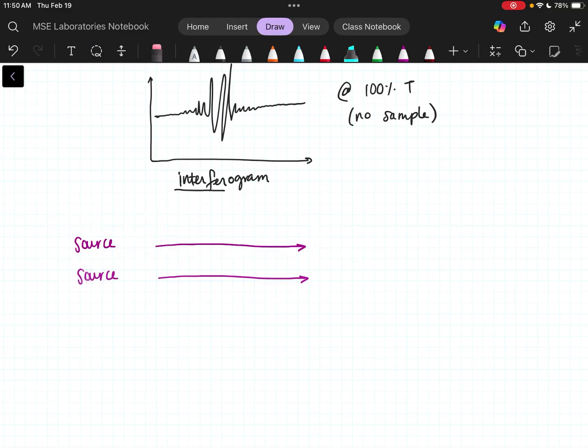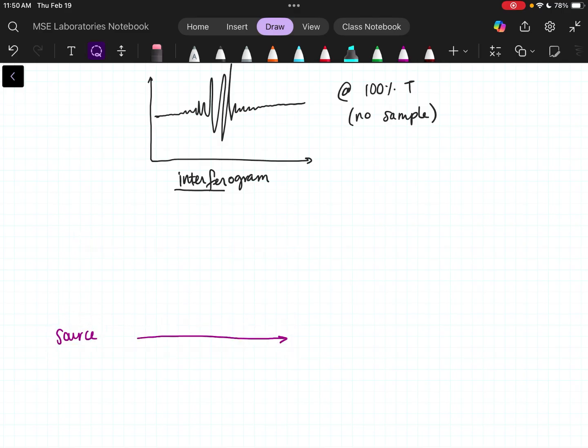So what we're gonna do is, going back to purple, from our source we have our beam of light.